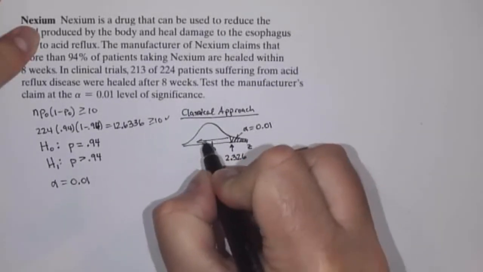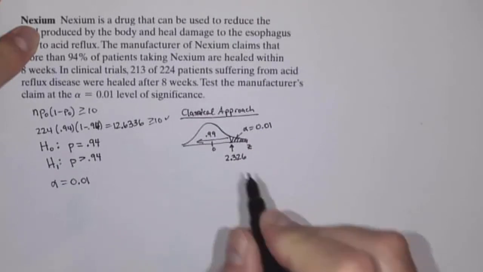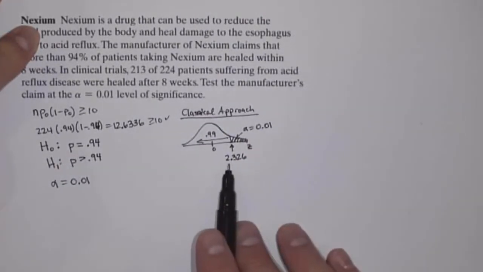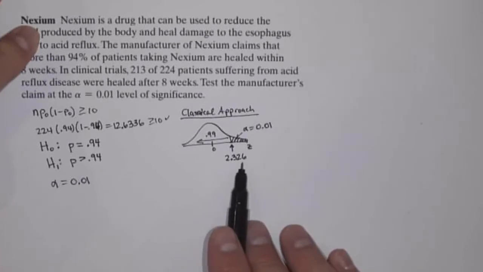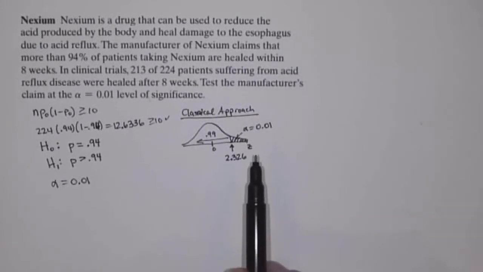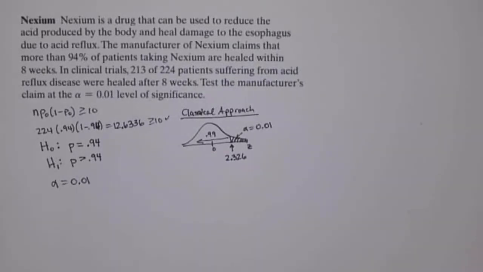This area to the left would be 0.99, so I would do inverse norm of 0.99 in order to get the 2.326. But it depends on your calculator. And again, you could also use the standard normal table, or you could use the normal calculator in StatCrunch, whichever you prefer. So I have my critical value.